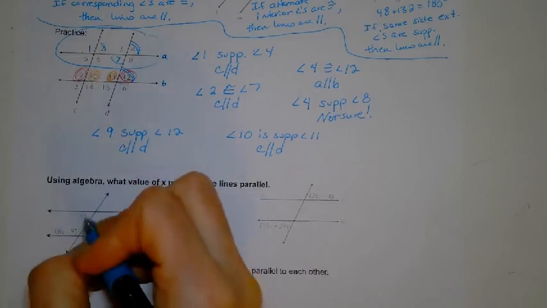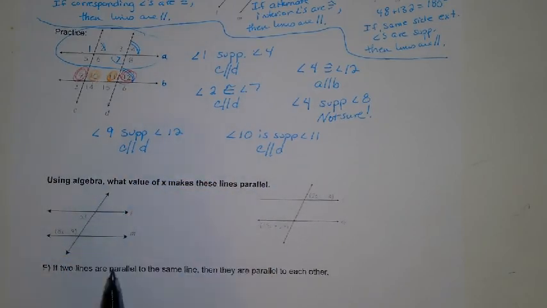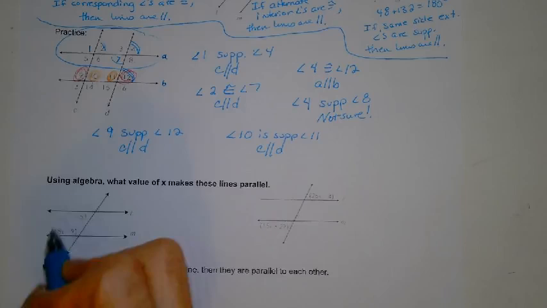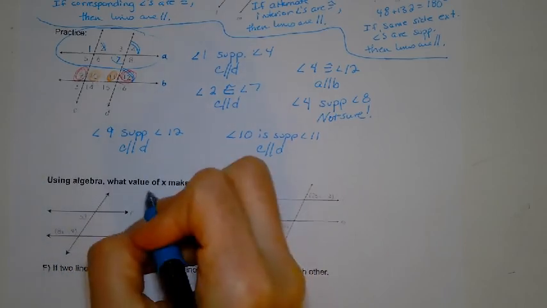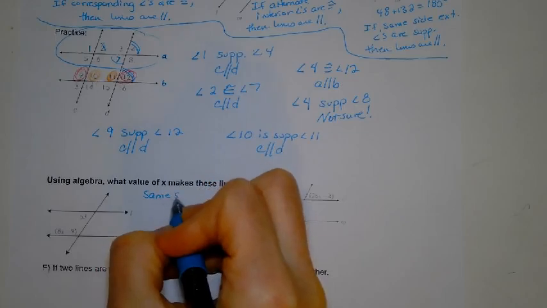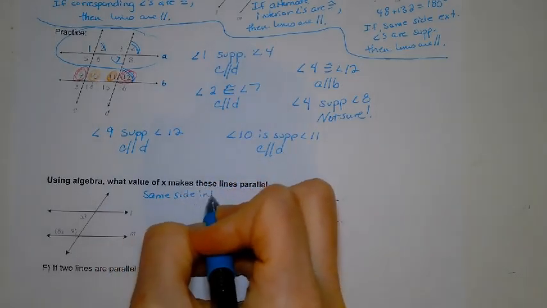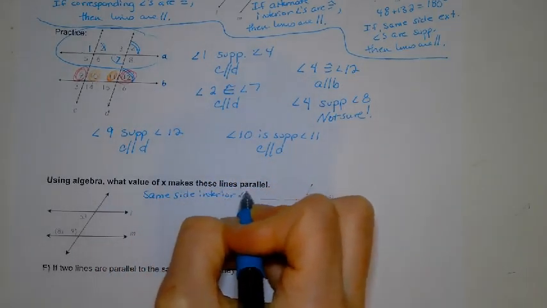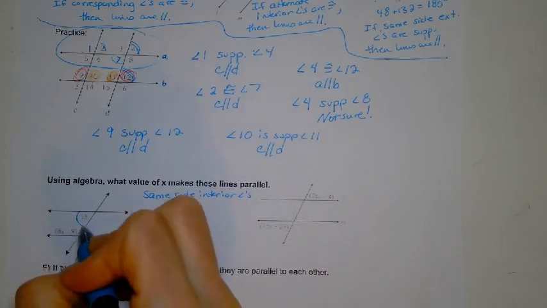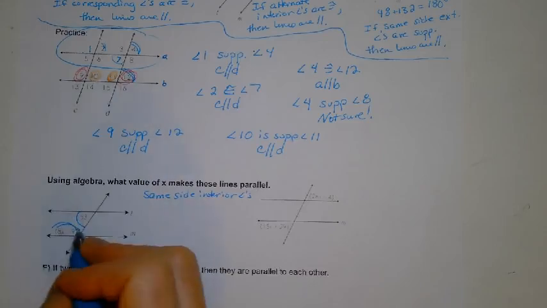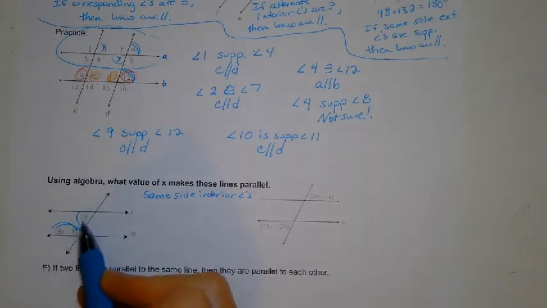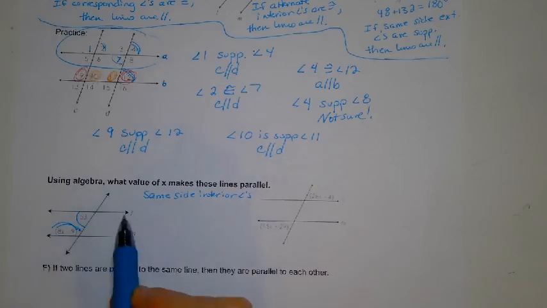These are consecutive or same side interior angles. Now, if they are supplementary, then these lines are parallel, because if lines are parallel, these two would be supplementary. The converse is true.